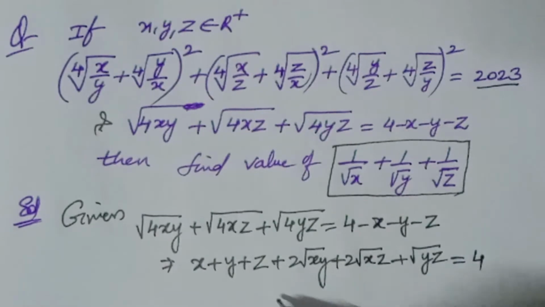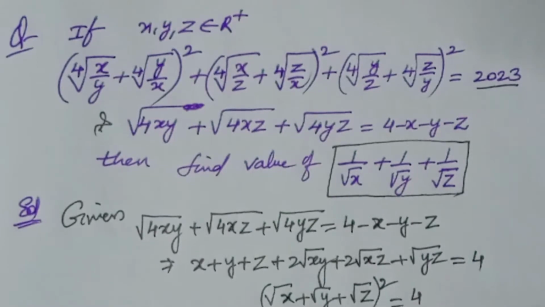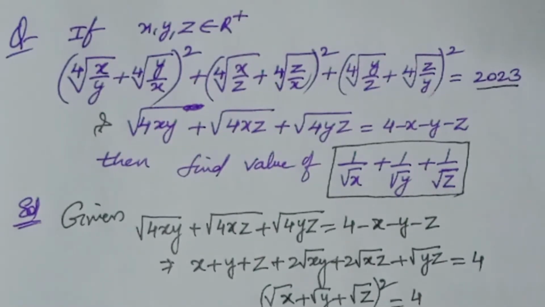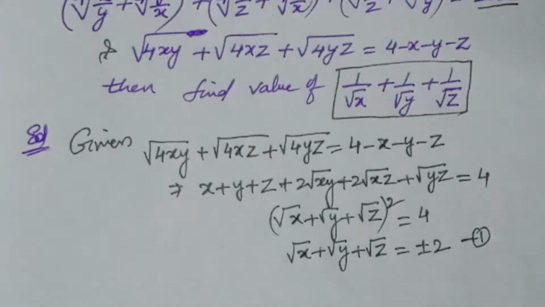So here this is the a plus b plus c whole square formula. So root x plus root y plus root z whole square is equal to 4. So root x plus root y plus root z we are getting plus or minus 2. So this is the first equation. You are taking the positive value here, plus 2.